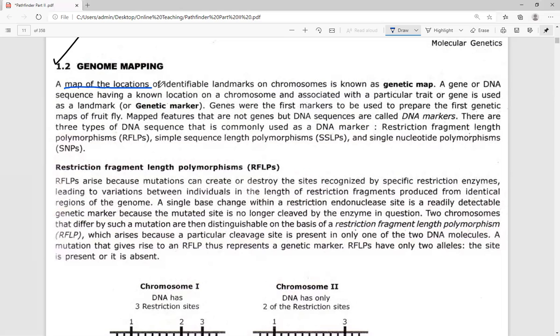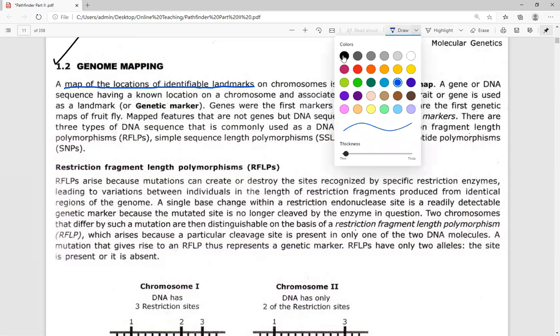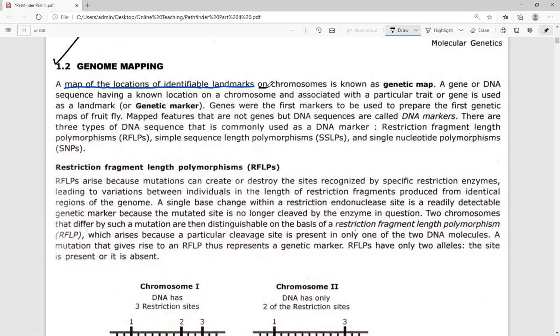Any map can predict the different types of landmarks over a particular area. When a map predicts the different sequences that are present on the chromosome, then it is referred to as a genetic map.